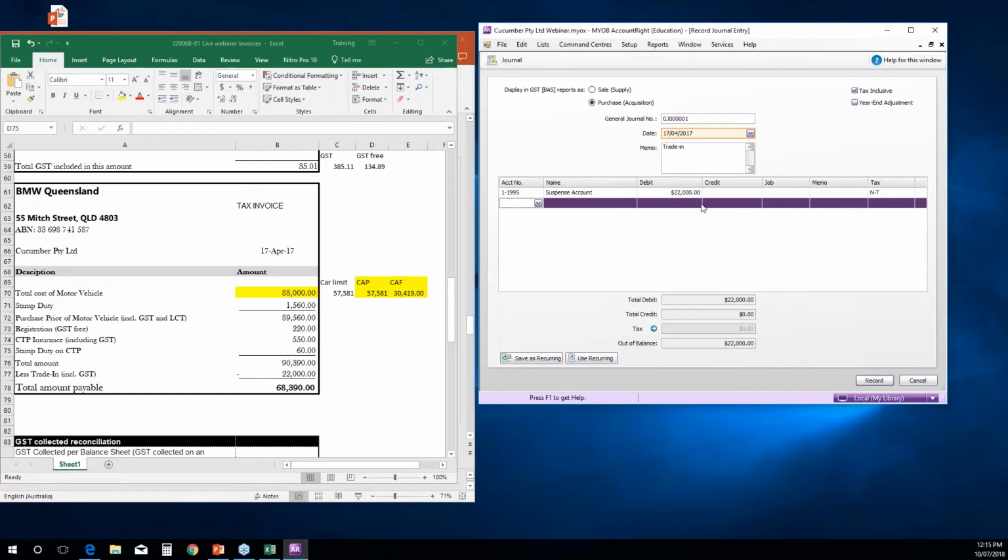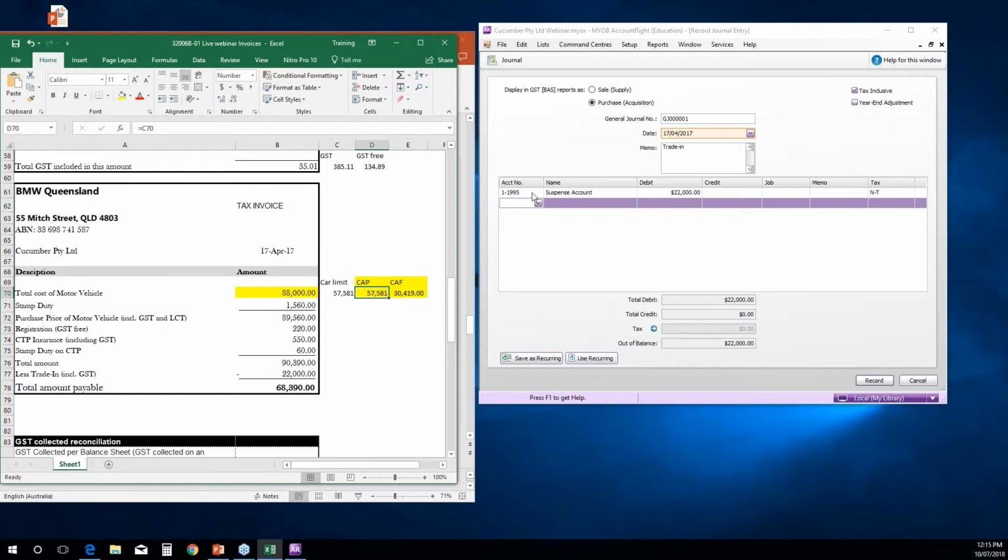Or other than creating the income, if you have a look at the motor vehicle, $88,000, even if I take off $22,000 from the motor vehicle, it's not going to affect the depreciation or GST, because anyway, GST and depreciation will be worked on 57,581. So even if I reduce the motor vehicle by 22,000 trade-in, it's not going to affect anything for tax purposes.